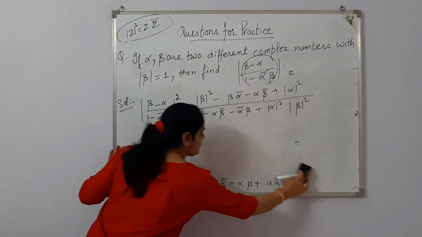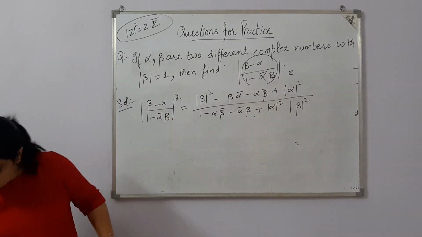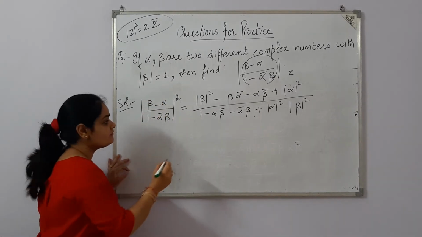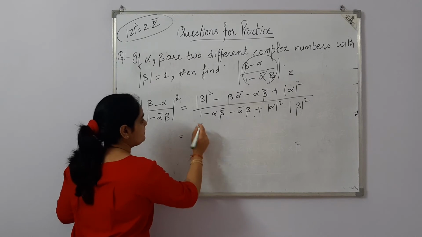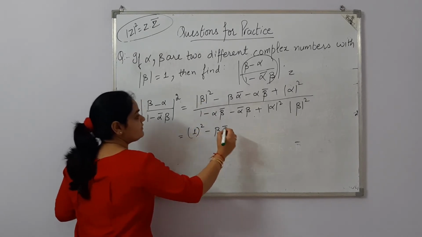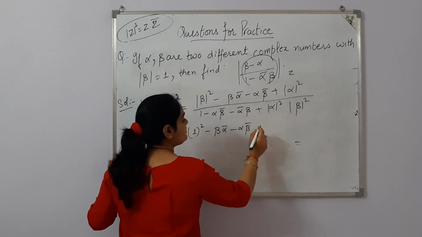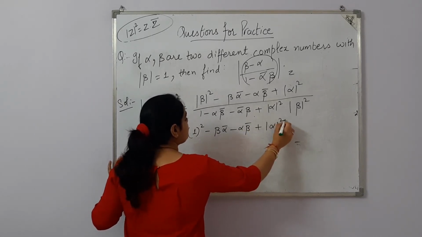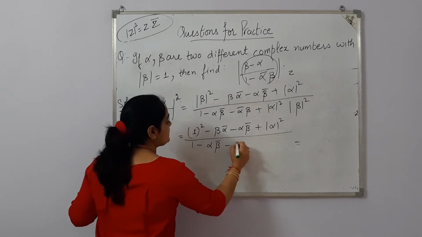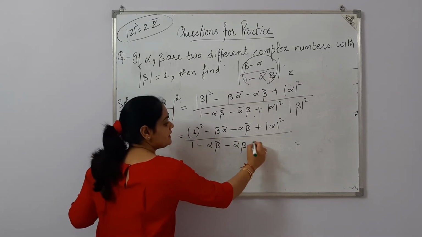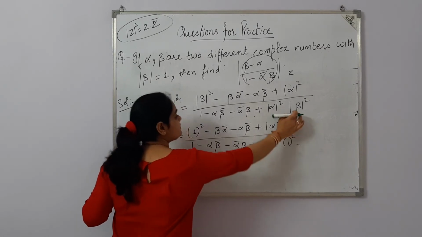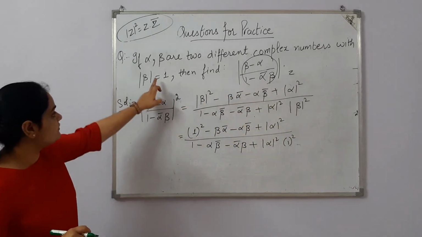Now in the question it was given to us that beta's modulus is 1. Now we'll use this value. Beta's modulus is 1, and 1's square is 1. So the modulus of alpha square into 1 square, because beta's modulus is 1.